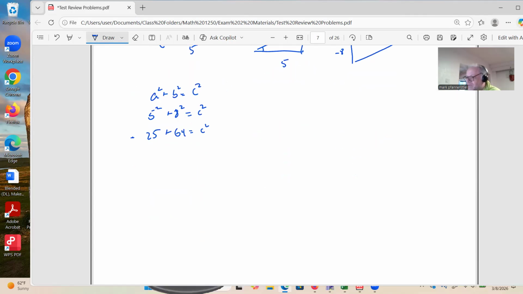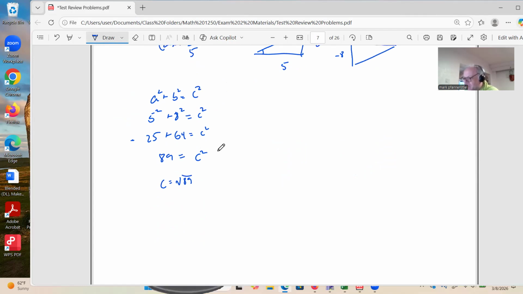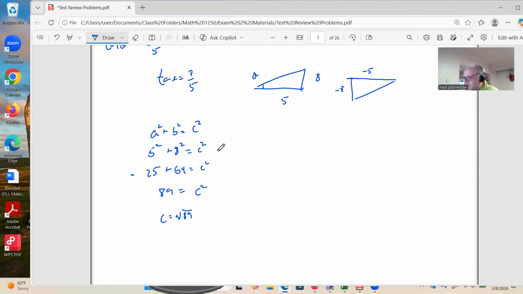Just squaring the sides and adding them up, we get 89 equals c squared, so c is the square root of 89. 89 is a prime number, I believe, so there's no simplification I can deal with. I'm just stuck with the square root of 89. Now we have theta figured out.